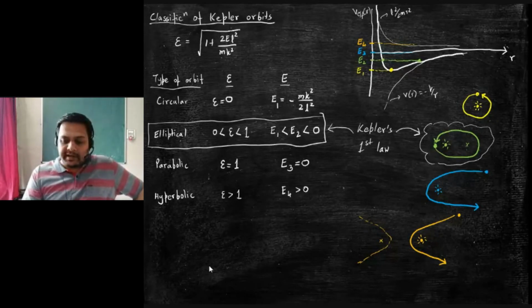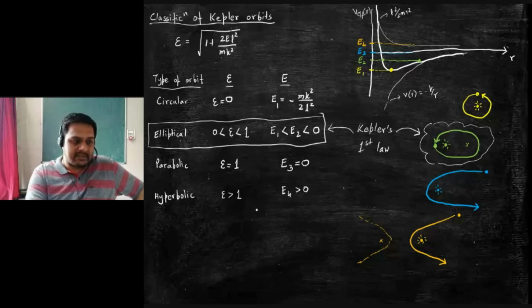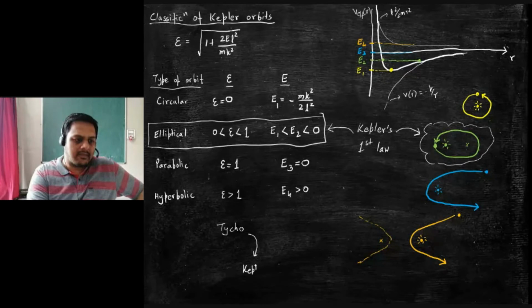In turn, Kepler did not make those astronomical observations. Those observations were made by Tycho. So you have this kind of triangle. You have Tycho, you have Kepler, and you had Newton.